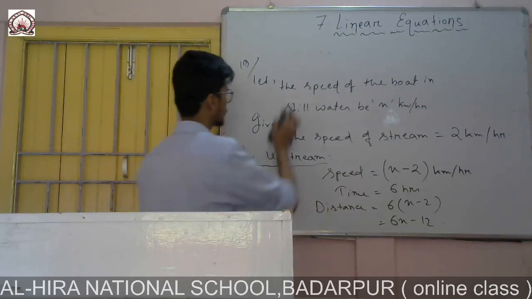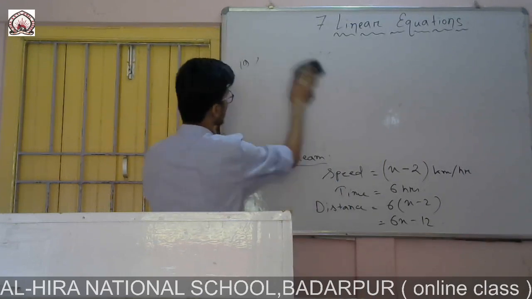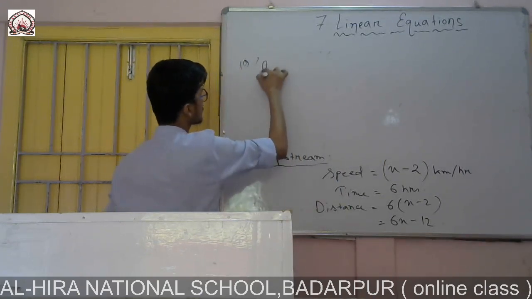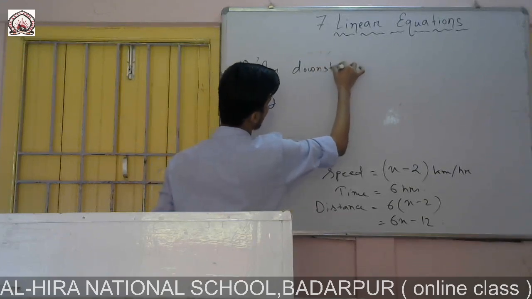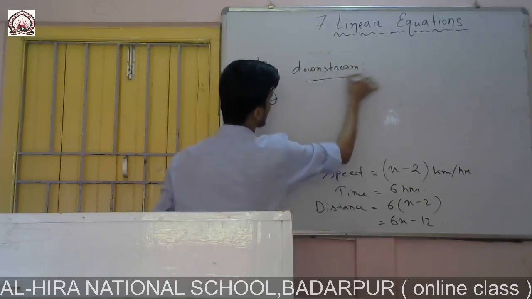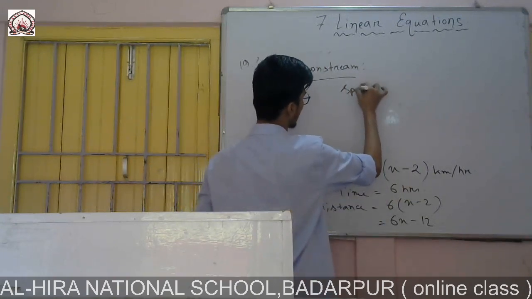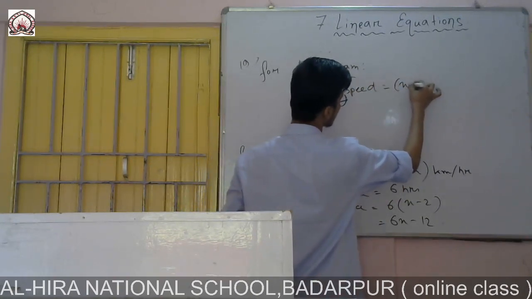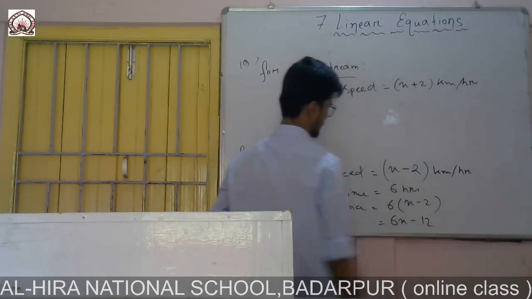And for downstream also we will calculate. We will add the speed of the stream, so speed will be equal to x plus 2 kilometer per hour.